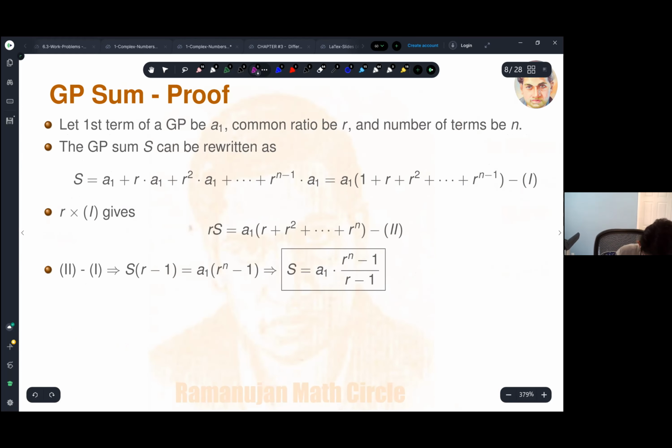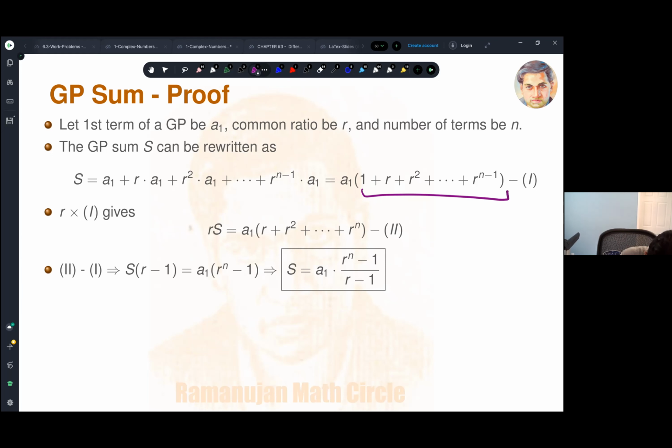The proof for the sum of n terms is of this form. So you have that s is equal to a1 plus r times a1 plus r squared times a1, and so on and so forth. What you do is you take a1 common, and then you have these terms. You multiply these by r.